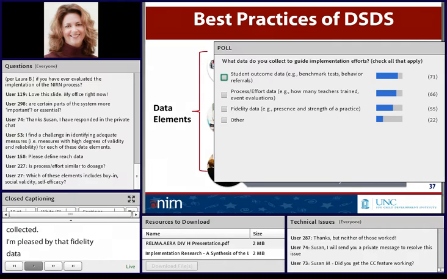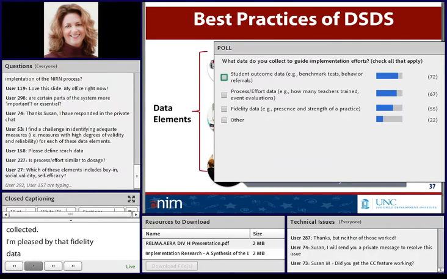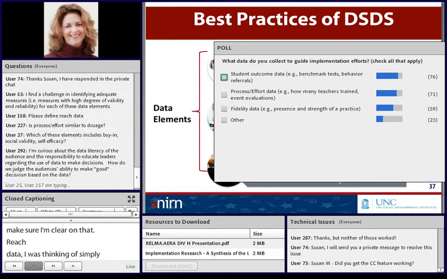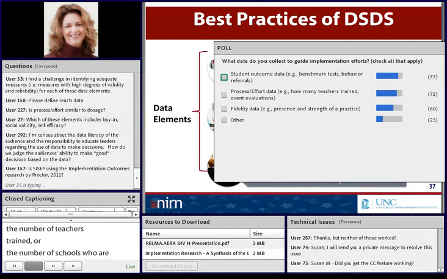All right, so I'm getting some questions on the different terms that I use for data, so I'm going to stop there for a minute and make sure that I'm clear on that. So reach data, I was thinking simply as the number of teachers trained or the number of schools currently implementing the practice, whether they are in exploration or all the way to full implementation.